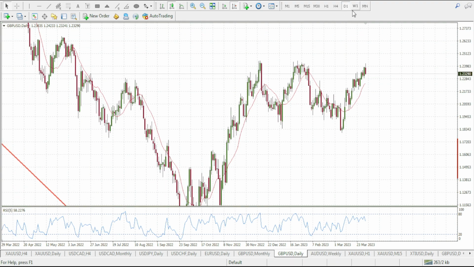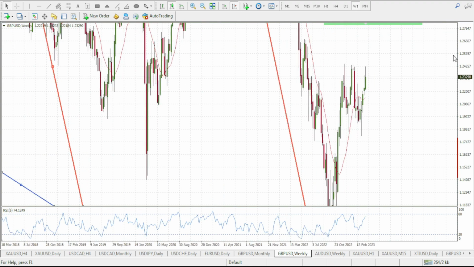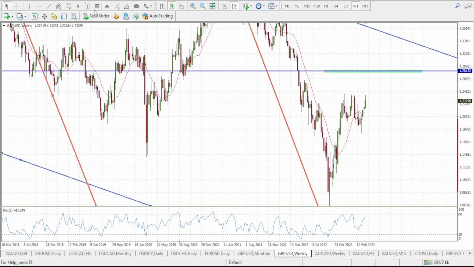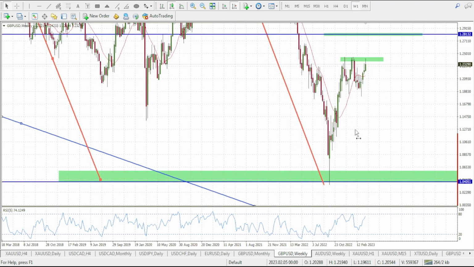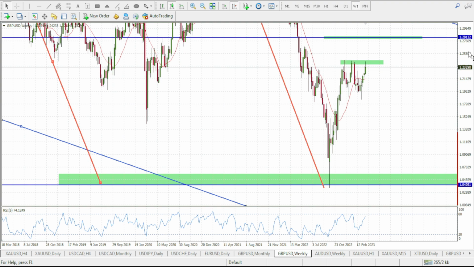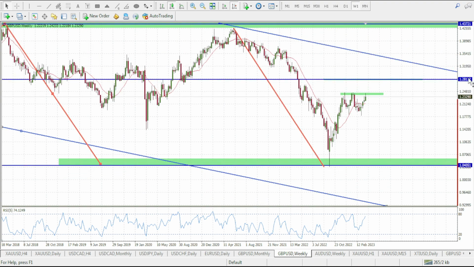So what's going on the weekly and the daily is we have got a nice triple top, right? A bounce from this area as well, and it is clearly pointing towards 1.28132.